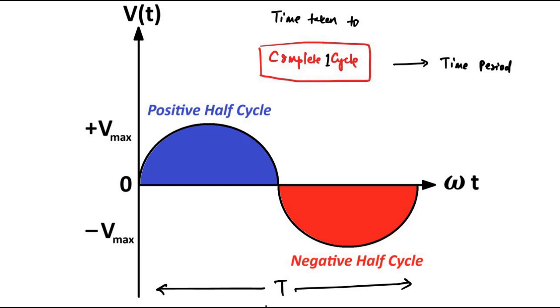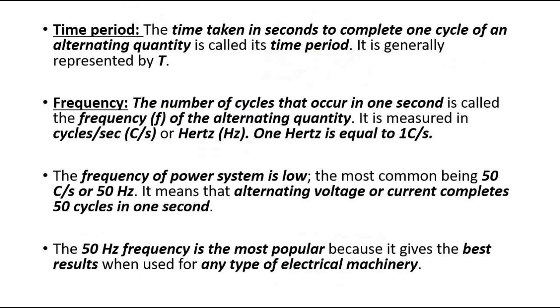Here this is expressed in terms of omega t. If we express it only in terms of t, this will be the time. This is with respect to phase, but just ignore this omega and let's say we draw it with respect to time only. Then the time taken for this one cycle is called the time period of the signal waveform.